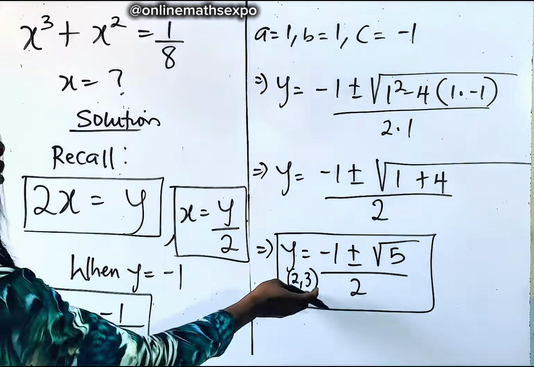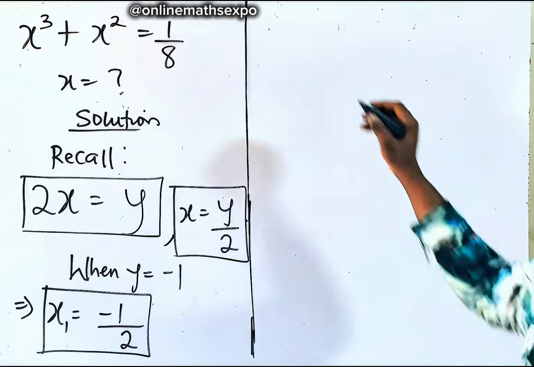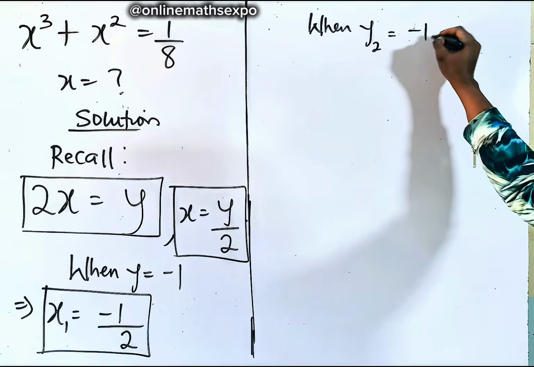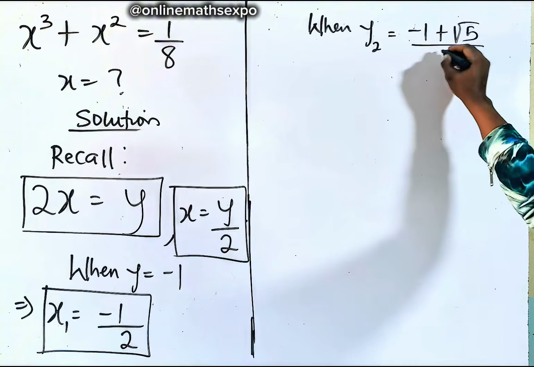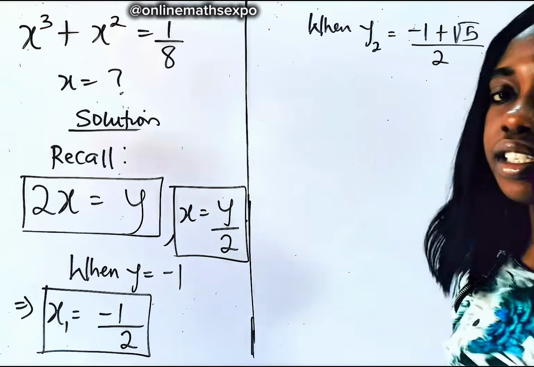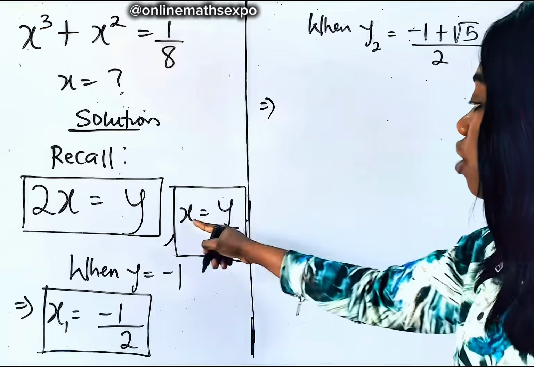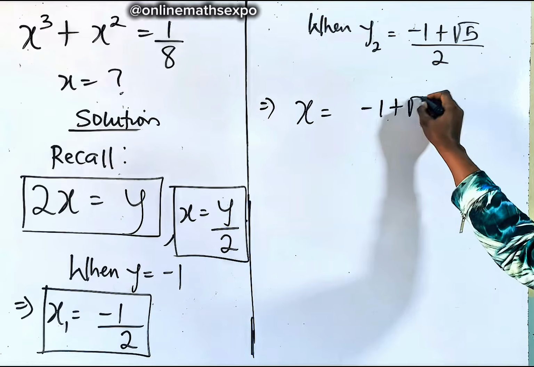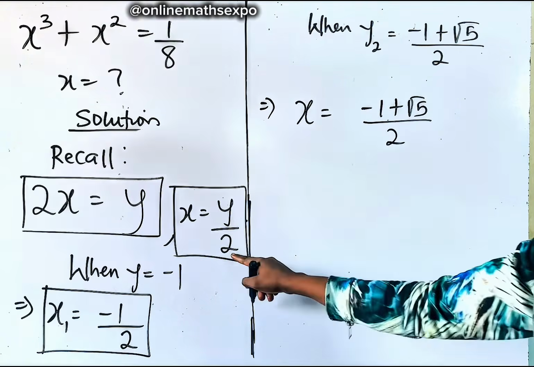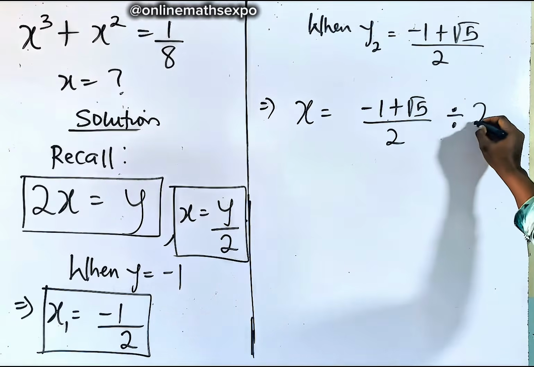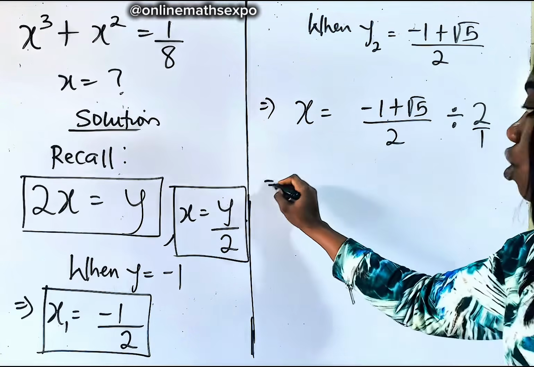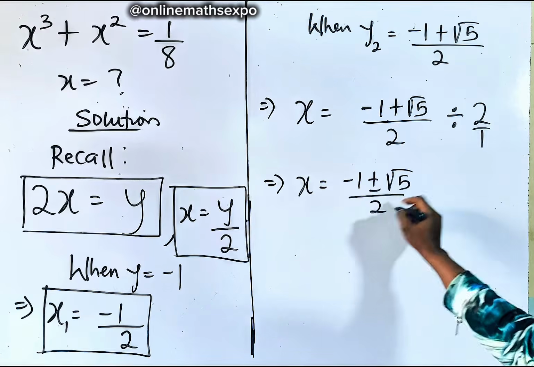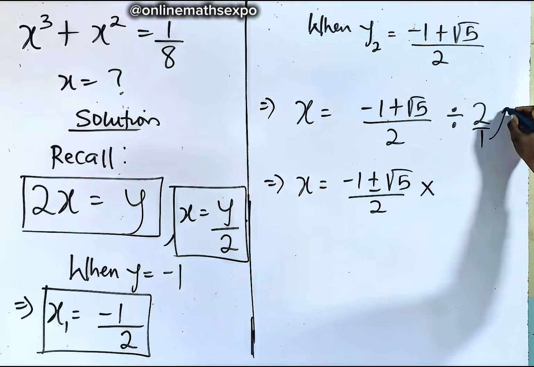Now let's also do the same to get the other values of x. When the second value of y is negative 1 plus root 5 divided by 2, let's get the x value. So we now have x is equal to y, which is negative 1 plus root 5 over 2, divided by 2 over 1. Solving this, change this to multiplication, then reverse this.